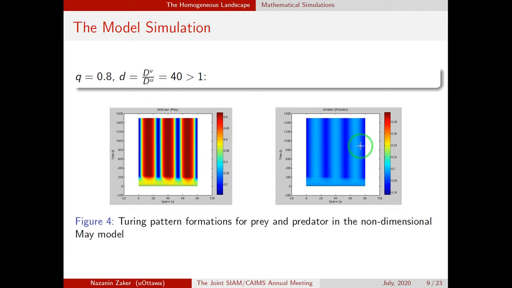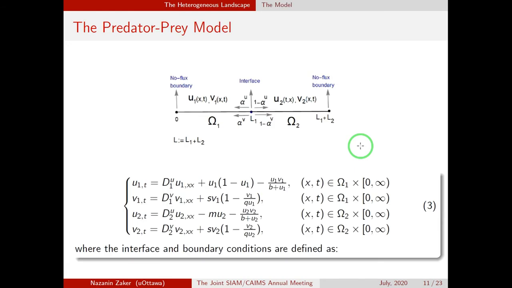We know that the May model forms patterns in a homogeneous landscape, but my project is about doing this in a heterogeneous habitat. So here we have a heterogeneous landscape: we consider an infinite periodic landscape with alternating patches.